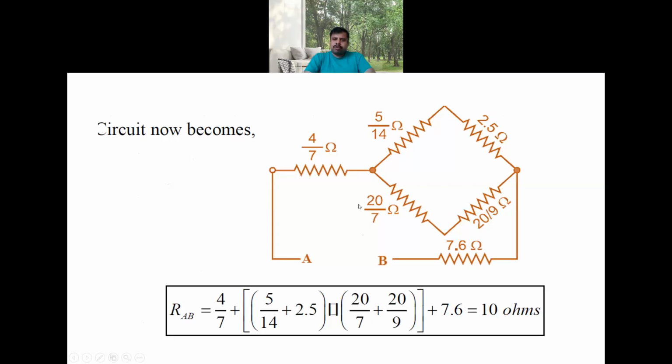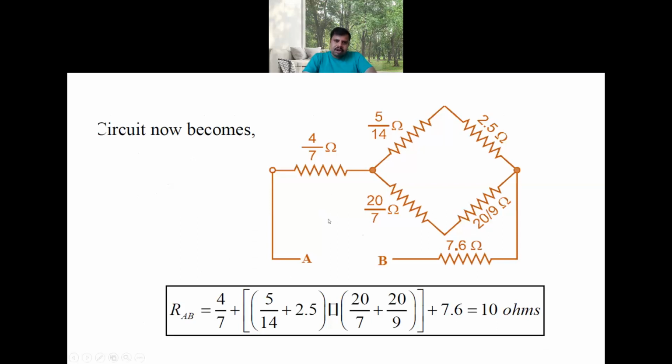So now this is the summary of star to delta and delta to star connections. The practical application of these conversions is in motor starters. In some induction motor starters, we use the star to delta conversion. Similarly, the windings of the three-phase generator are connected in star.